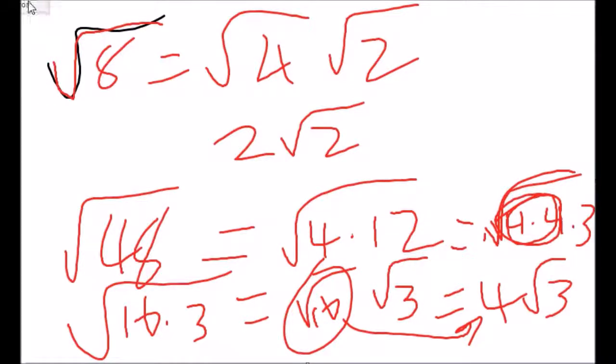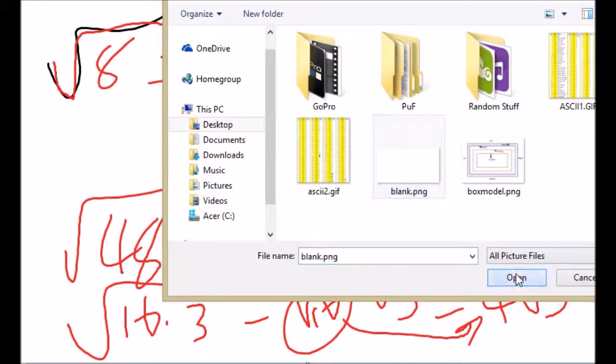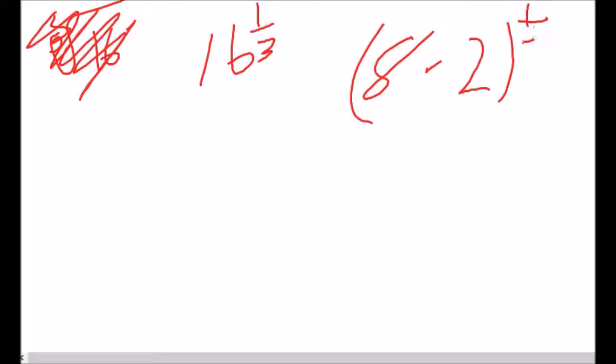What about if it's not a square root? What if it's a cube root? What if we had the cube root of 16? That's terrible to write, so for clarification, I'm just going to write it as 16 all to the 1/3. Let's rewrite this as 8 times 2, all to the 1/3.